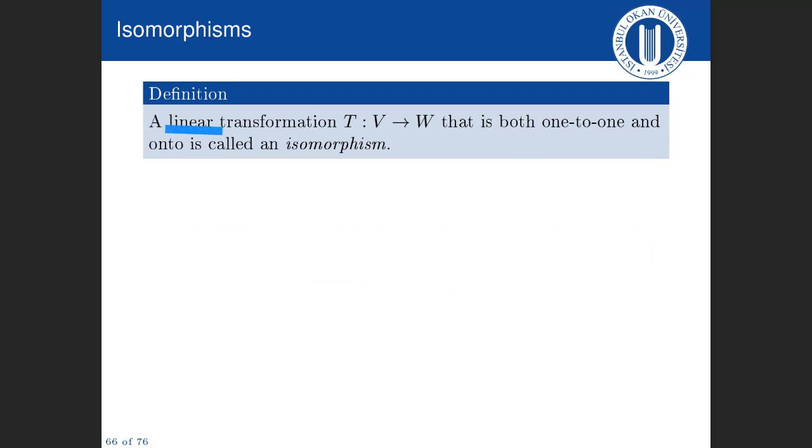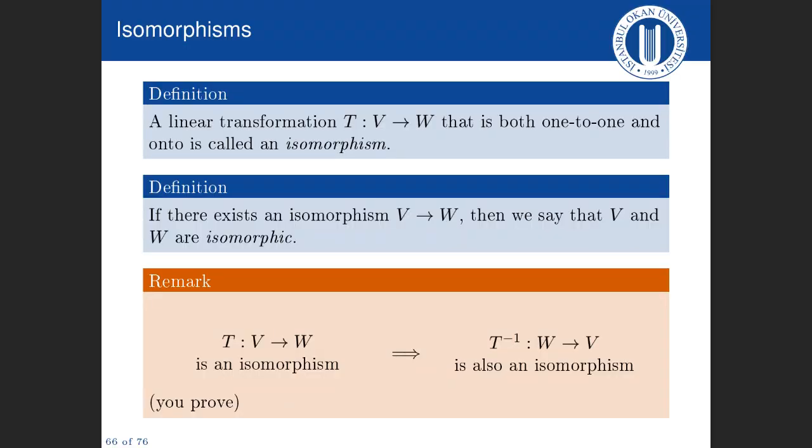It means linear, and isomorphism means one-to-one, and isomorphism means onto. If there exists an isomorphism between two vector spaces V and W, then we say that V and W are isomorphic.